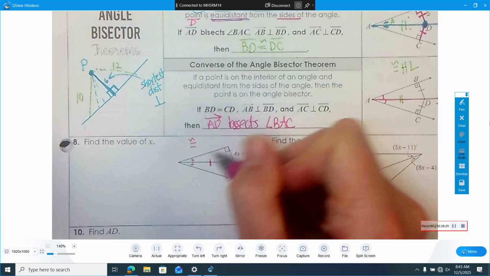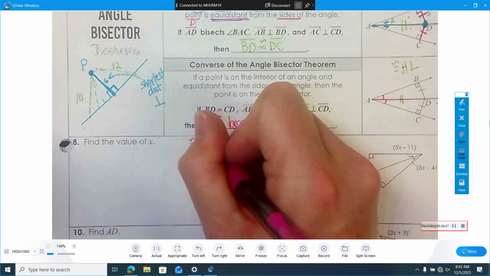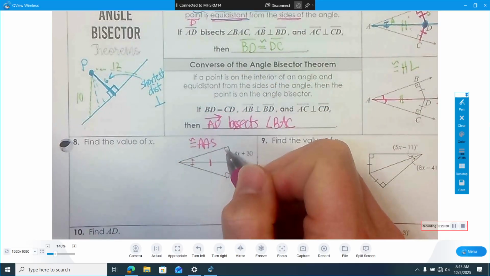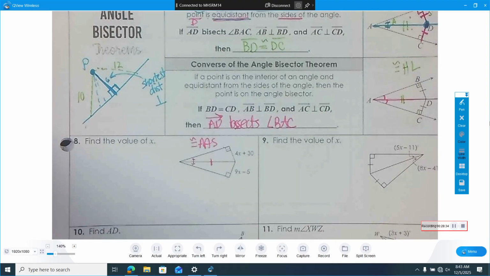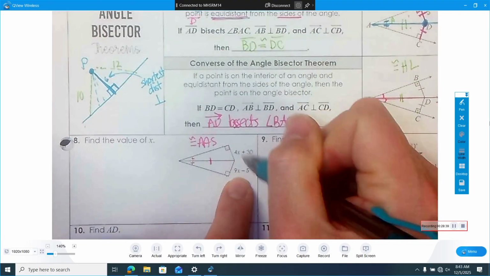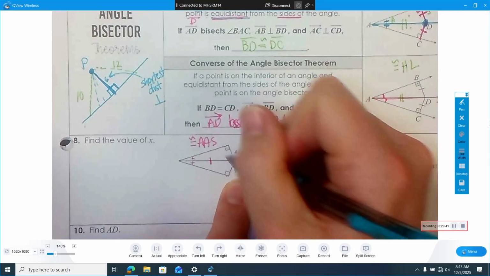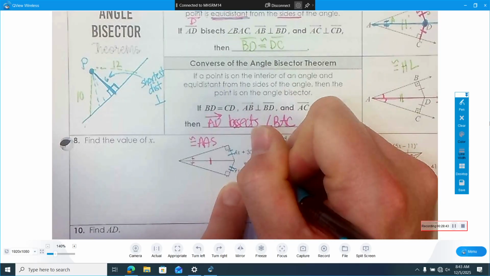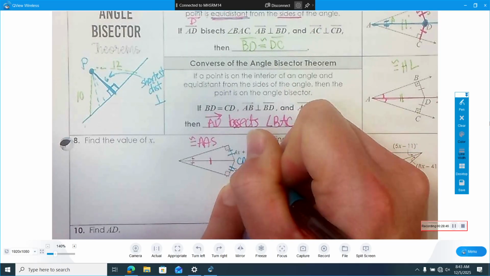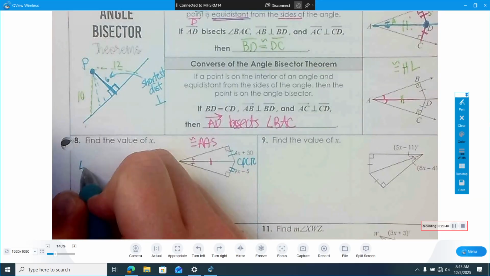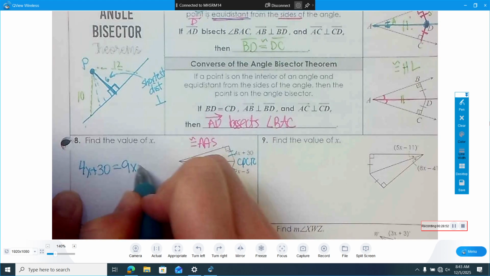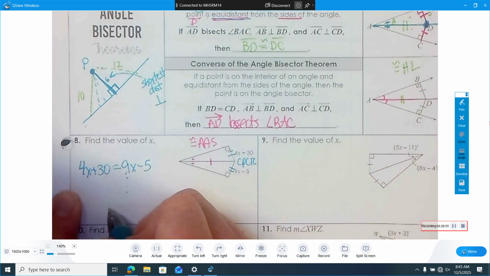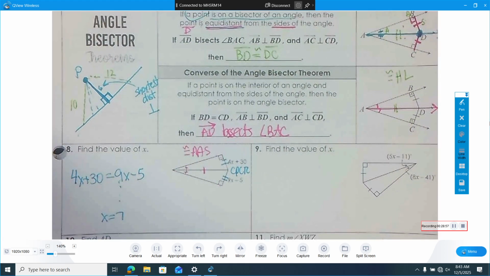No. Angle, angle, side. And if the triangles are congruent by angle, angle, side, tell me about the segments they have listed here. They're congruent. These must be congruent by CPCTC. And so we can write the equation 4x plus 30 is equal to 9x minus 5. And we can solve from there. It turns out x is going to equal 7.